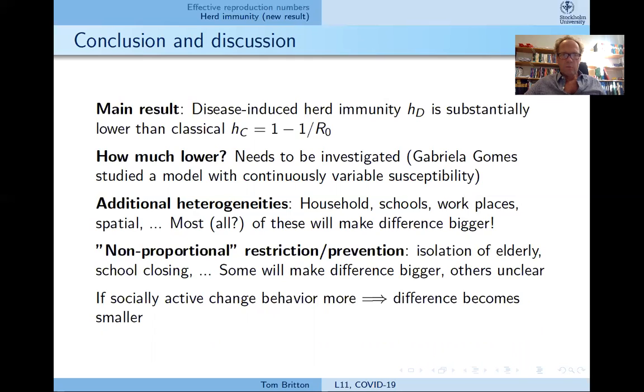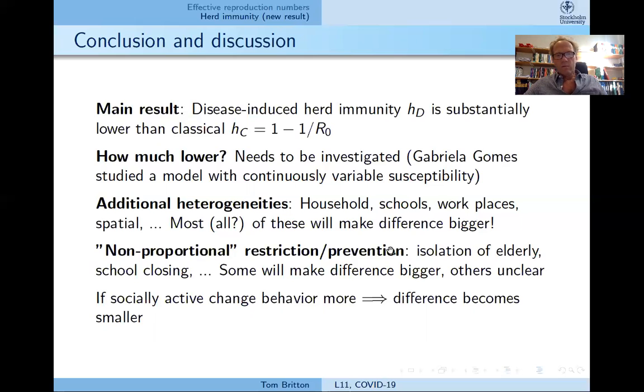the same does not apply to restrictions and preventions. In particular, it was assumed that all groups reduced their contacts with the same fraction, with the same factor. And this might not be the case. For instance, it could be that highly socially active people reduce their contacts by a bigger factor than less socially active people.